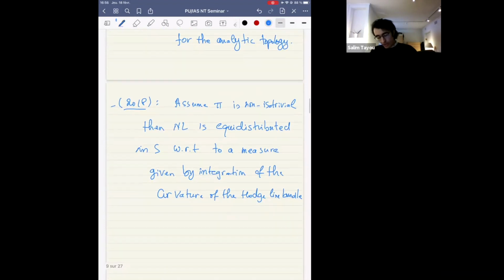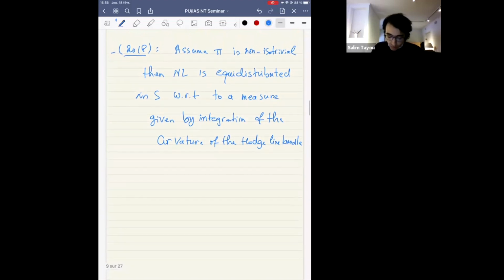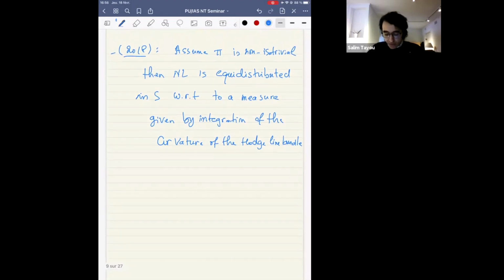I will make the statement precise once I talk about the Hodge line bundle, but the general idea is that if we look at the set of points where a Hodge class of square n appears, then it gives us a finite set inside S, and if we count points in this finite set in any open subset, then we find as much as is proportional to the volume of this open subset.